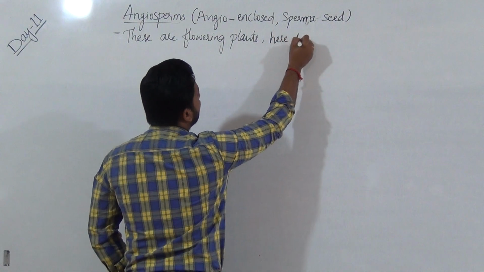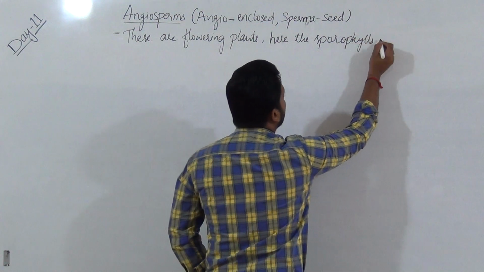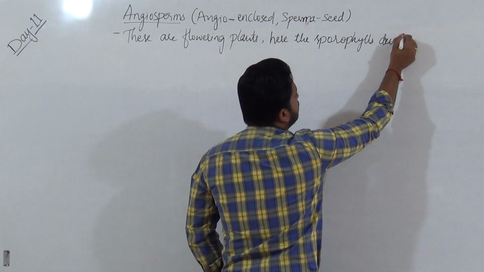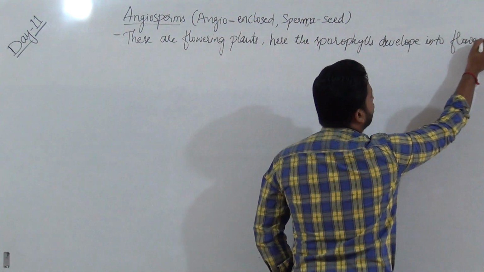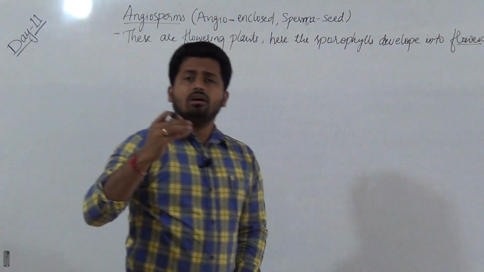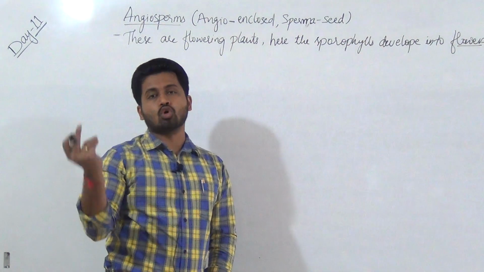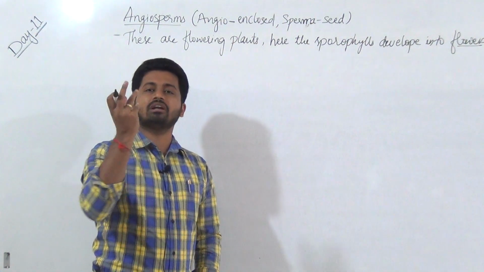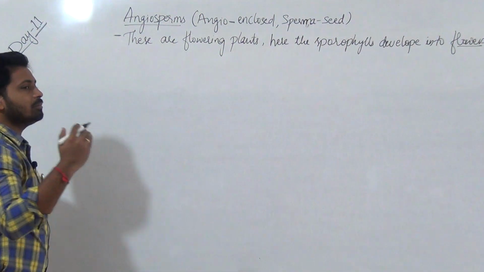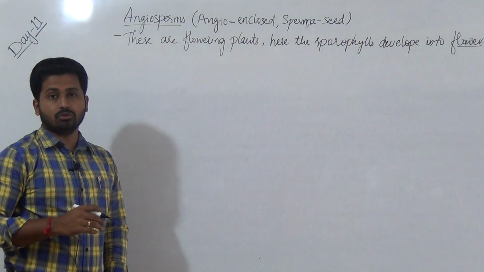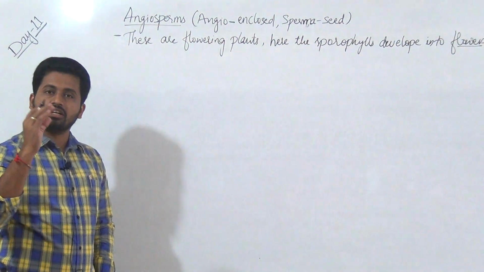Here the sporophylls differentiate or develop into flowers. Flowers may have 4 petals, 5 petals, or 3 petals, depending upon dicot or monocot; on that basis the number of petals varies. And remember this point: the plant body is diploid, from Pteridophytes onwards. The plant body is sporophytic, meaning it is diploid in condition.